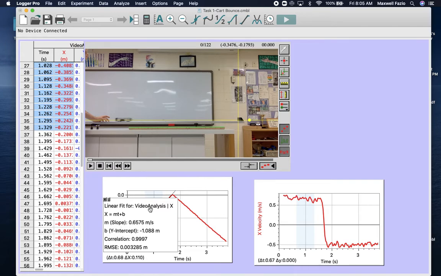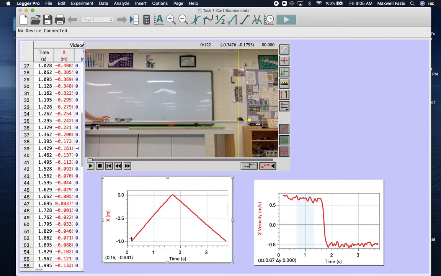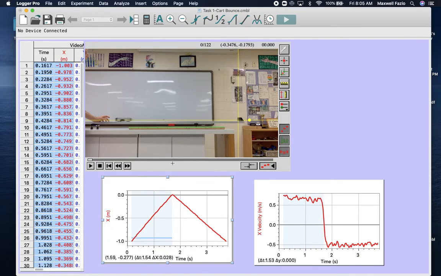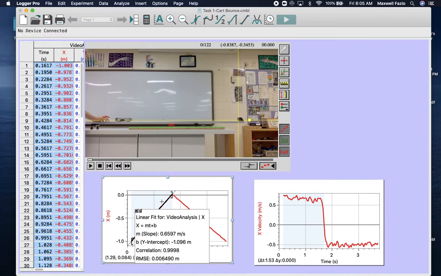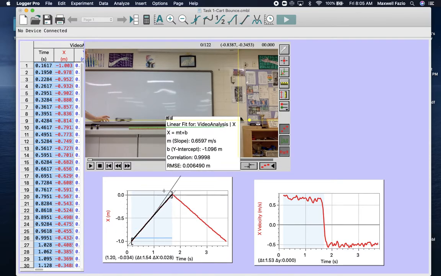So the slope of the x versus t graph is matching the value of the velocity versus time graph. Notice that when I found the slope, I just used that portion that we wanted. We would probably get a better answer if we selected this whole portion, but it doesn't change that much, because the slope is pretty much constant since there's basically no acceleration. The velocity is not really changing by much.